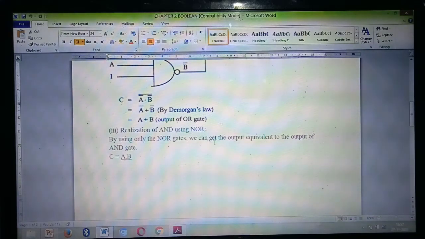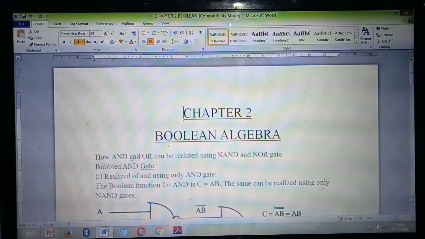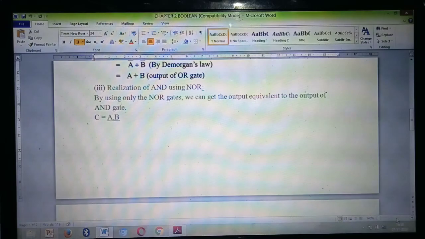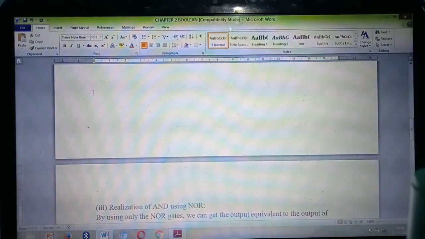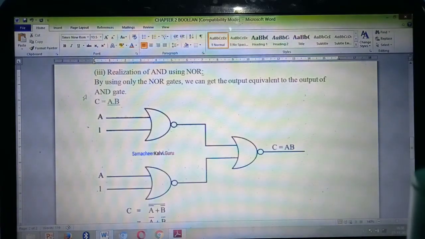By using the NOR gates, we can get the output equivalent to the output of the AND gate, C equal to A dot B. By using only the NOR gates, draw this diagram also.